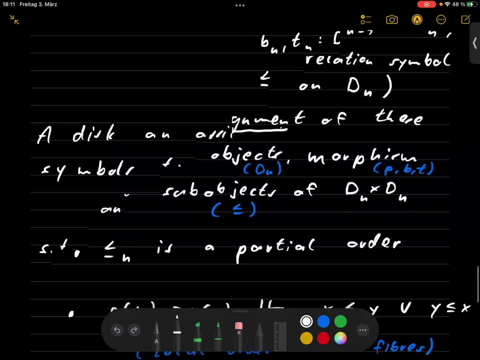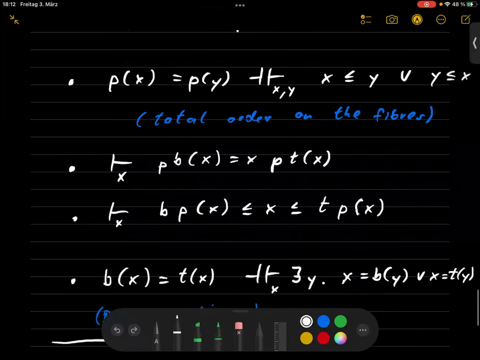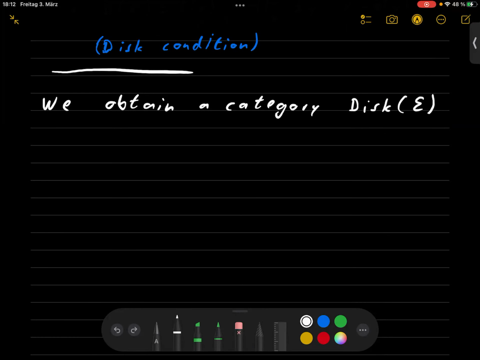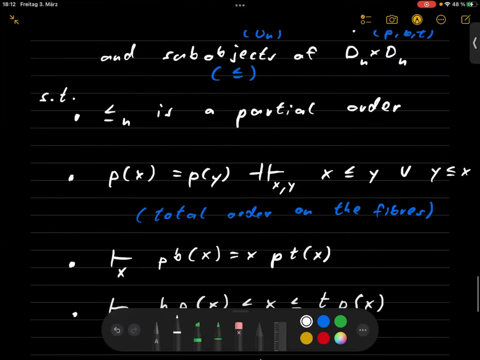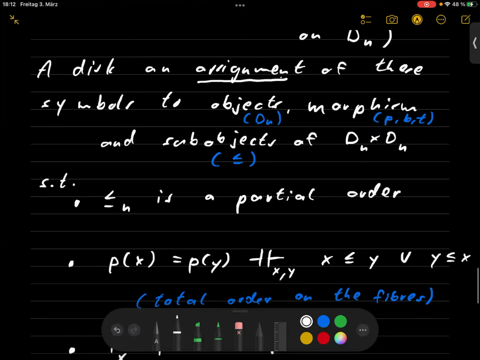And then if we have this category of disks in the topos, one thing to say maybe is that we can also restrict everything to just up until n.